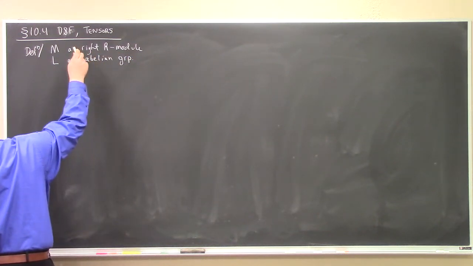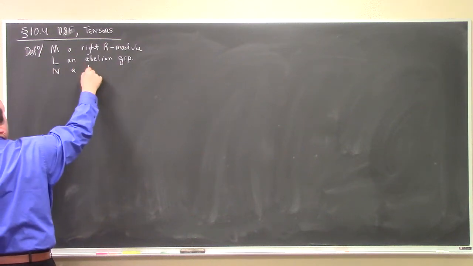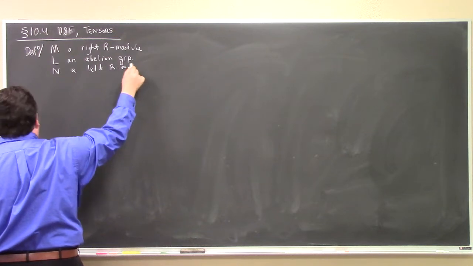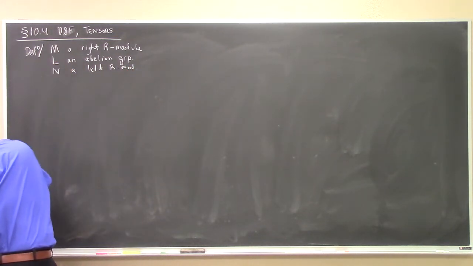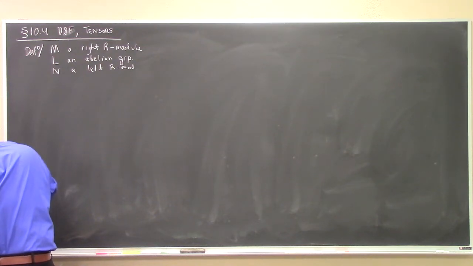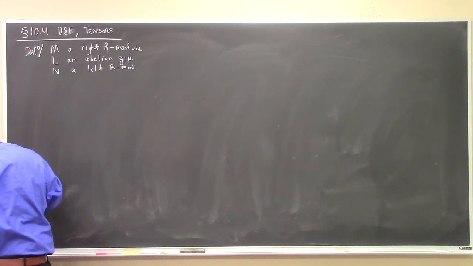And N a left R module. Let's see here. R, I believe, at this point is a ring. I'm not sure if it's commutative even here. Well, anyway, R is a ring. I don't think it's commutative just yet.